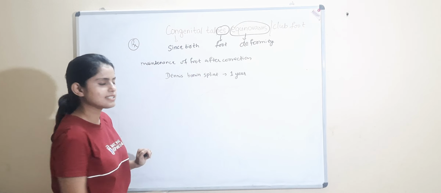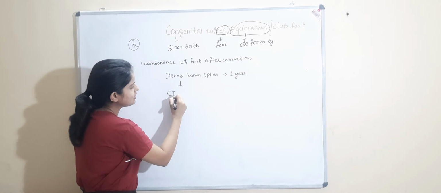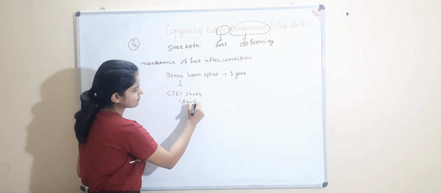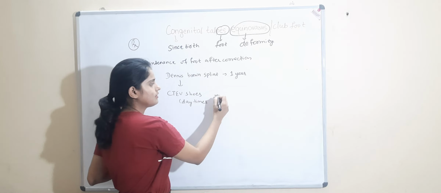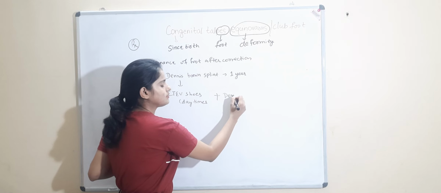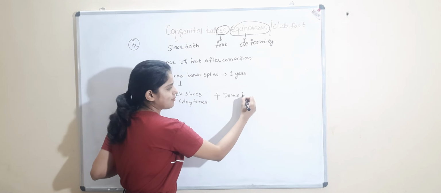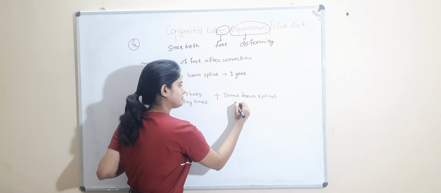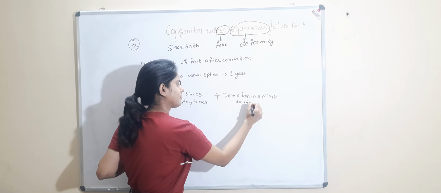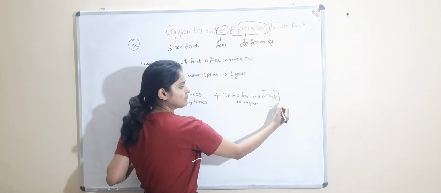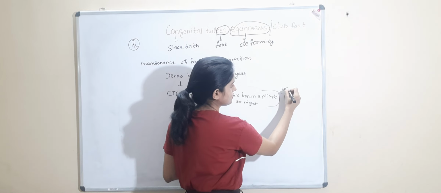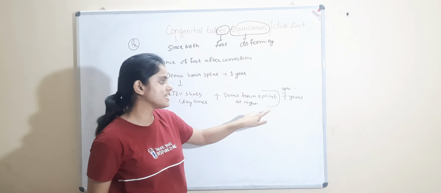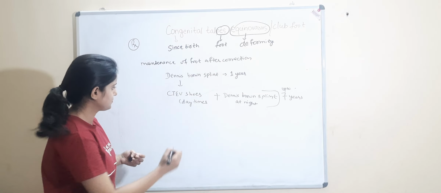After 1 year, when the child starts walking, we use CTEV shoes in daytime and Dennis Brown splint at night time, for up to 7 years, because after 7 years, there is no recurrence of CTEV.